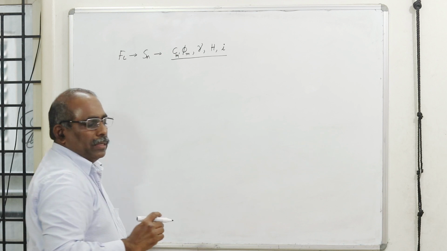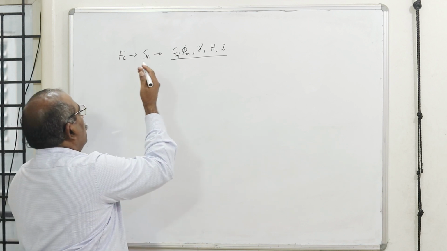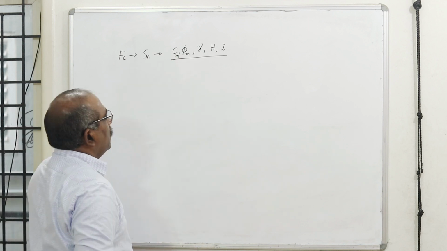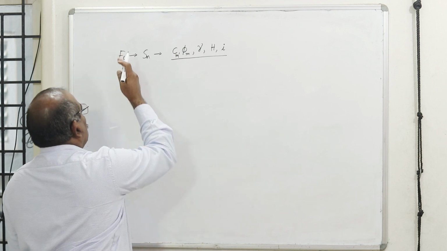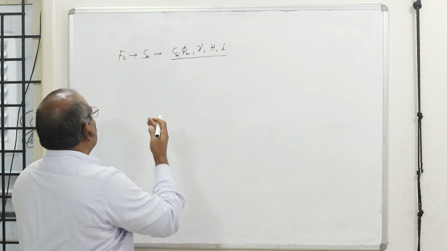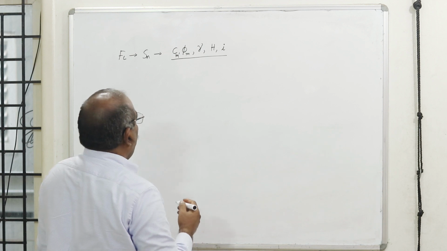The stability number indirectly tells what is the factor of safety with respect to cohesion.